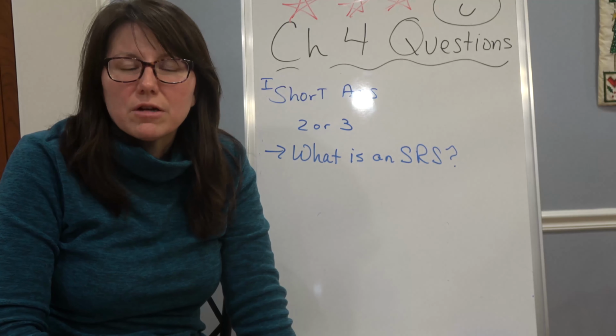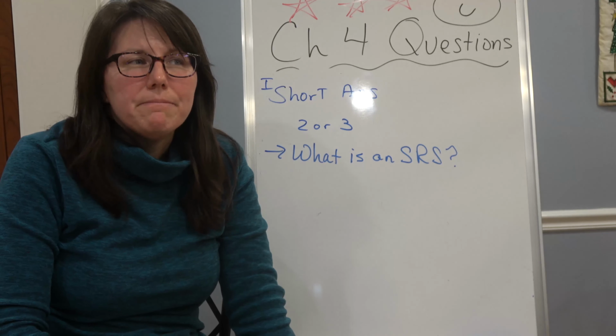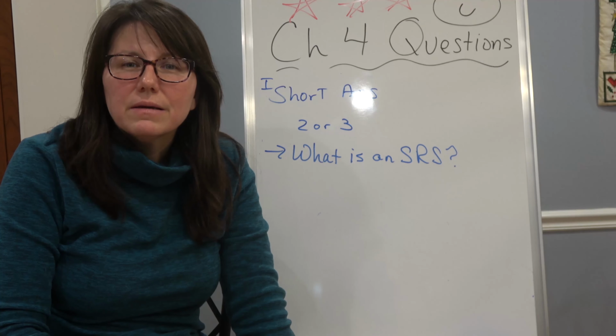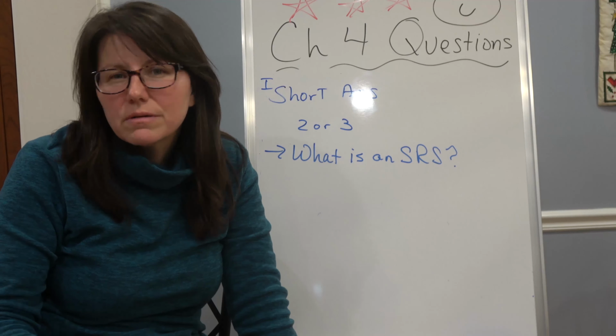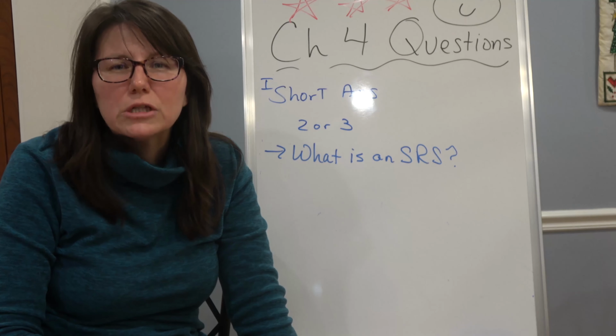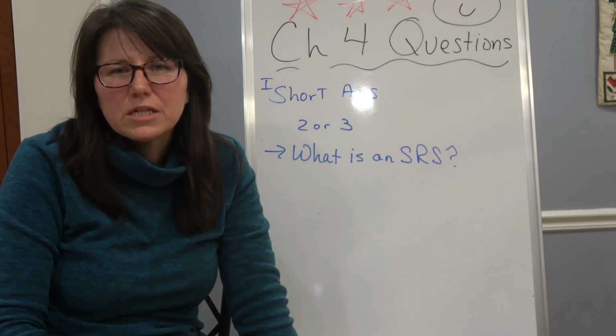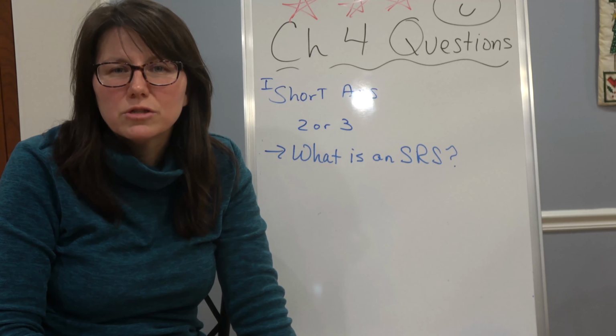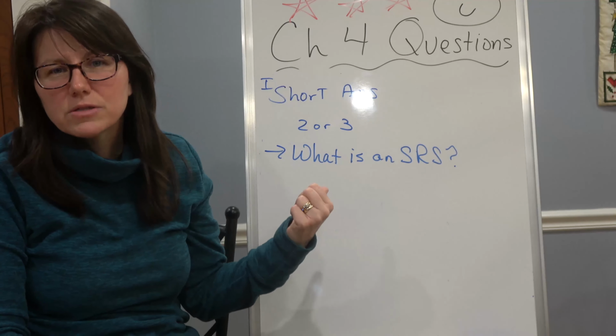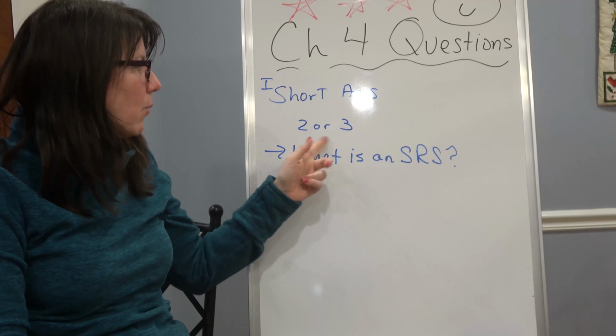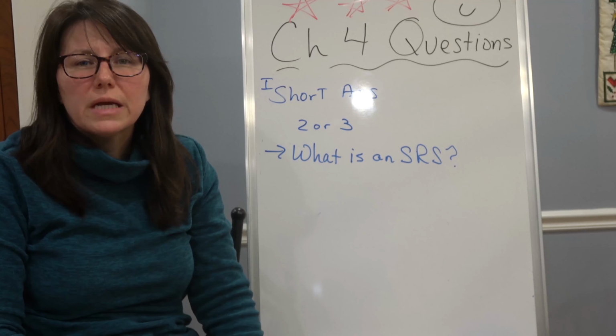You've got to know what an SRS is, right? The other methods of sampling, stratified and cluster, you might have an equal chance of being chosen, but every sample of a particular size does not have an equal chance of being chosen. So make sure you know what an SRS is. That's definitely going to be one of the few short answers.